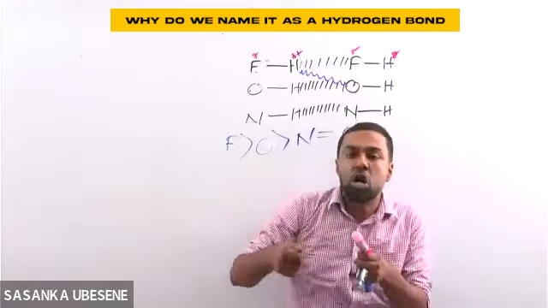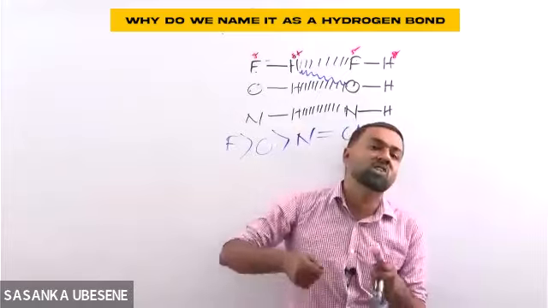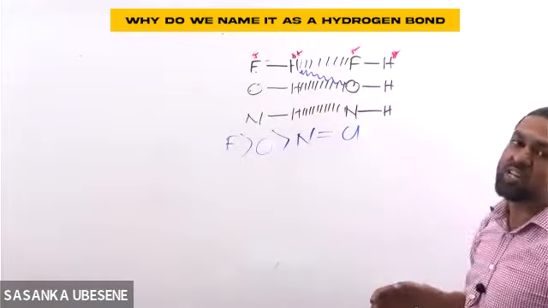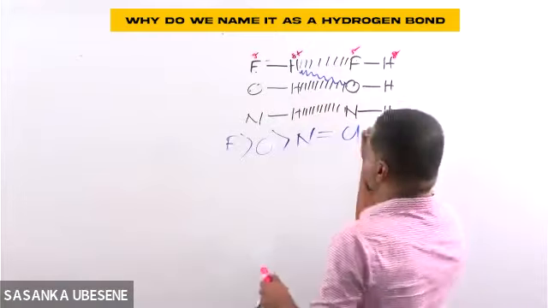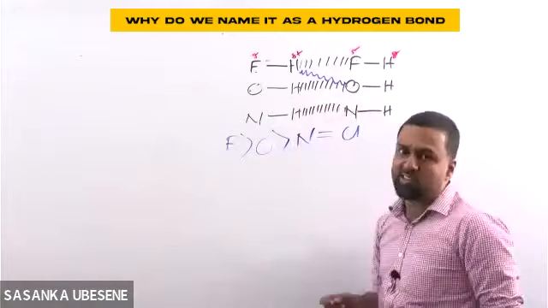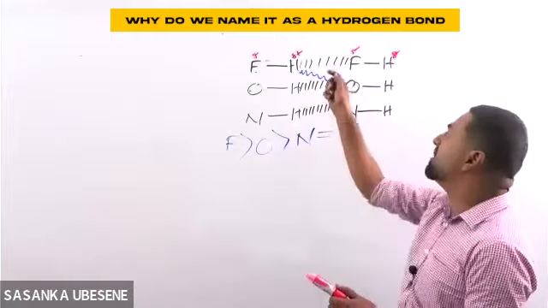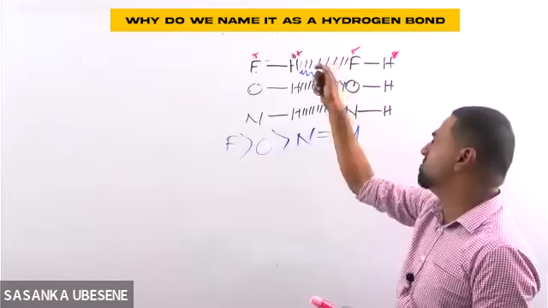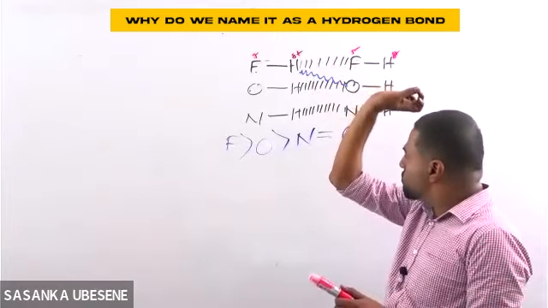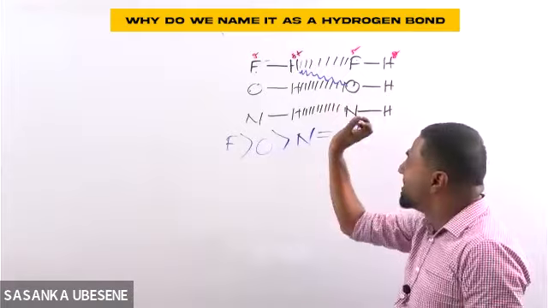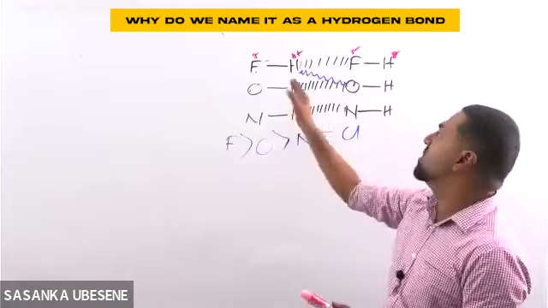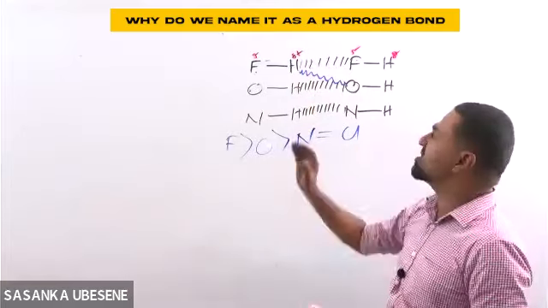The strength of the electrostatic attraction force is determined by the fractional positive charge. So you have a greater surface charge density on the hydrogen atom because hydrogen is the smallest.